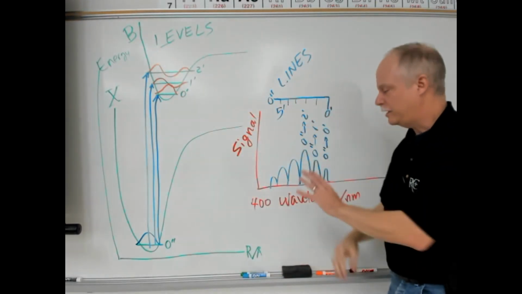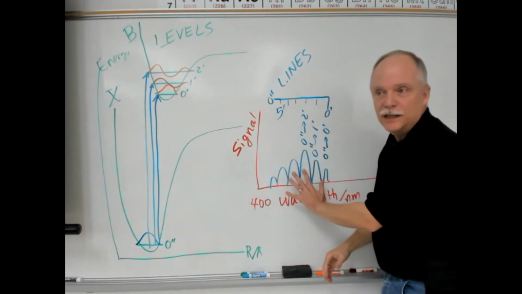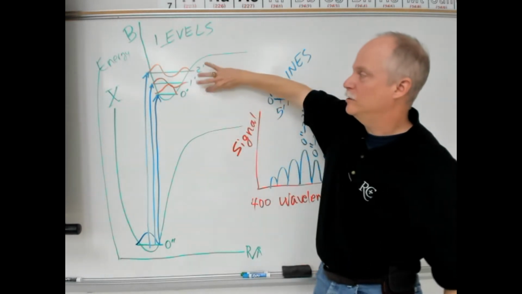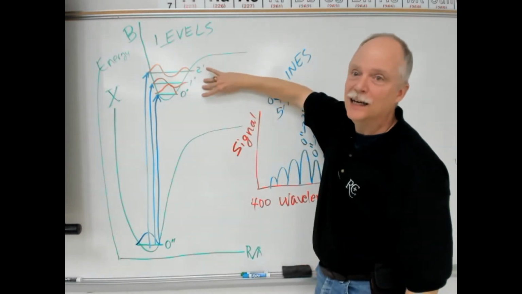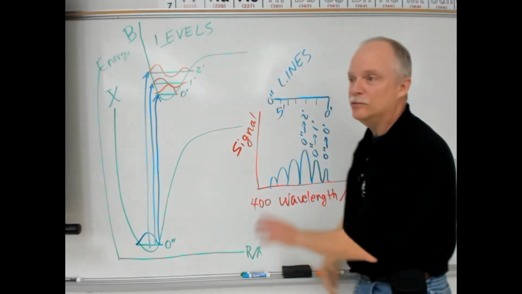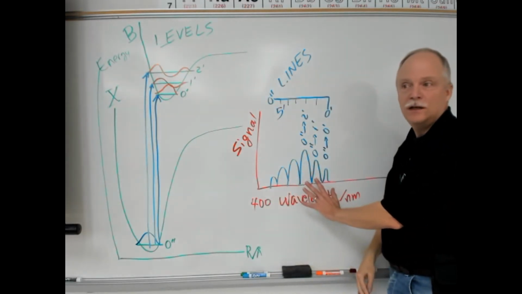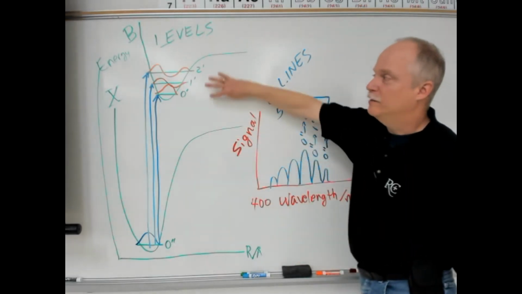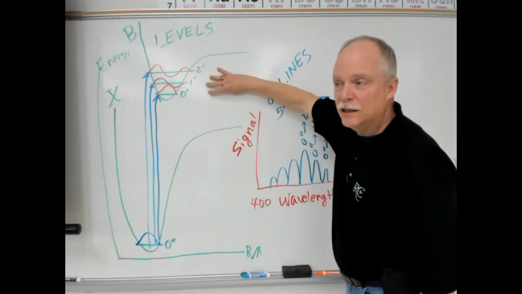So listen carefully. The absorption spectrum tells me about the vibrational spacing in the excited electronic state. It's a long phrase. Listen carefully. The absorption spectrum tells me about the vibrational spacing in the excited electronic state.